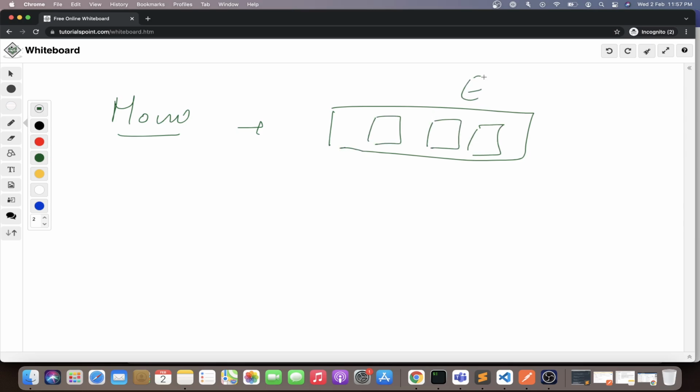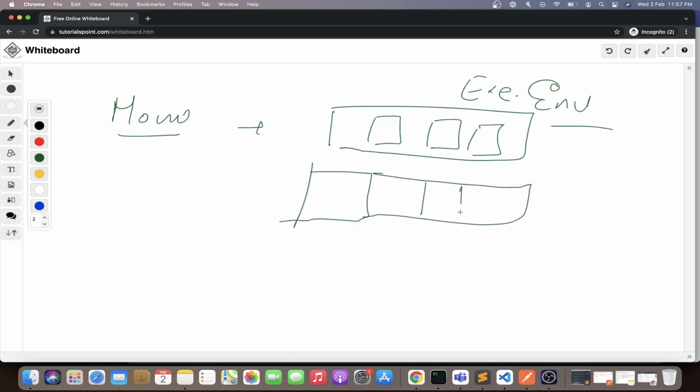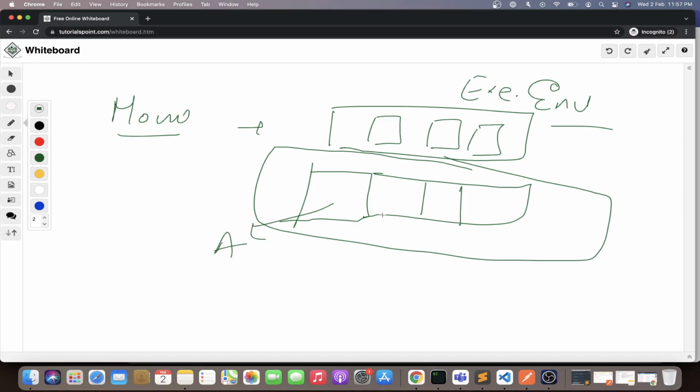This is the execution environment, and all of them are stored in a single box: all the processes or modules A, B, C, D. The code base is the same. In the case of distributed, these are separate.